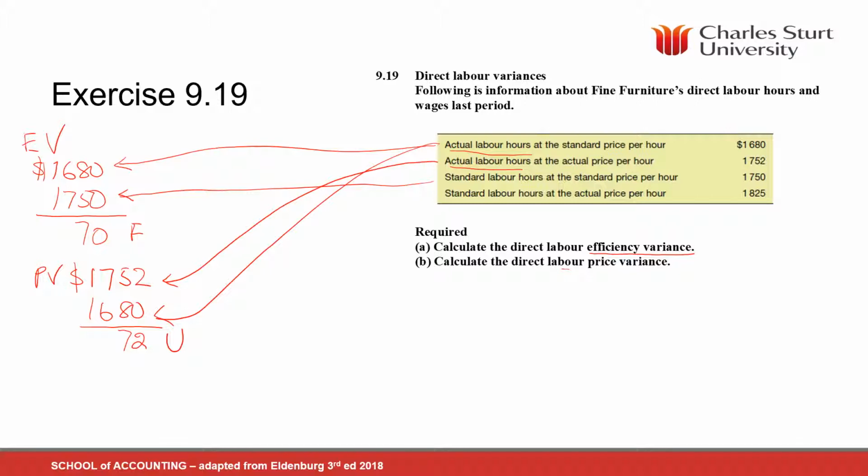That's an unfavourable difference. 72 probably immaterial and wouldn't be actually examined and assessed to see why there is a difference. So we'll leave that as is. So now we've calculated the direct labour efficiency variance and the direct labour price variance.